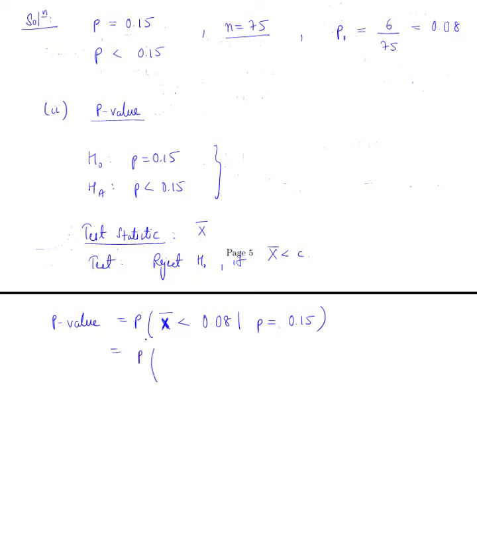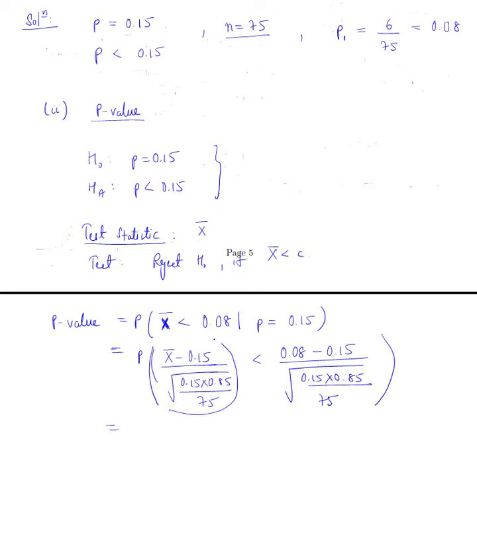Now this is equal to the probability of (x bar minus mu), that is in this case p, so 0.15, divided by the square root of 0.15 times 0.85 divided by 75, and this should be less than or equal to (0.08 minus 0.15) divided by the square root of 0.15 times 0.85 divided by 75.